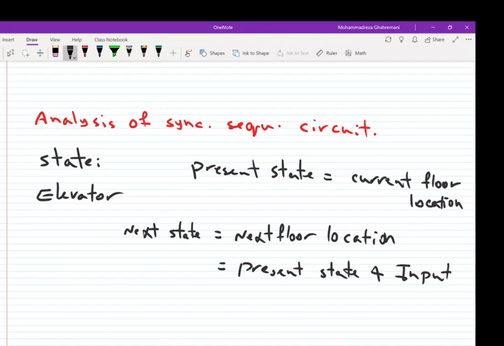For example, we are on floor 5 and we want to move 2 floors upper. Floor 5 is the present state, and the number 2 is the input. So the next state will be floor number 7.